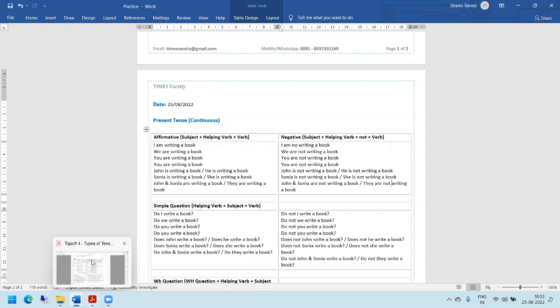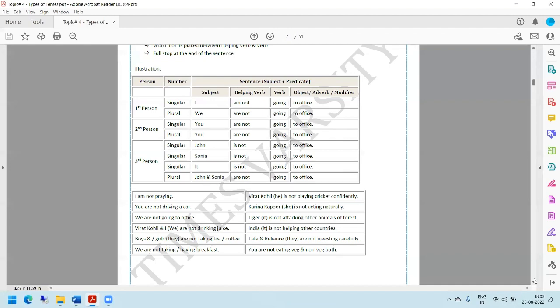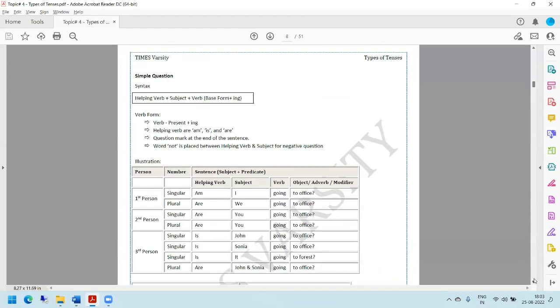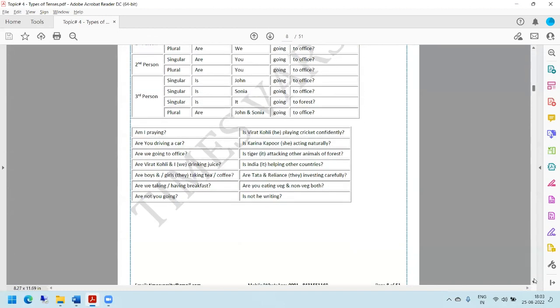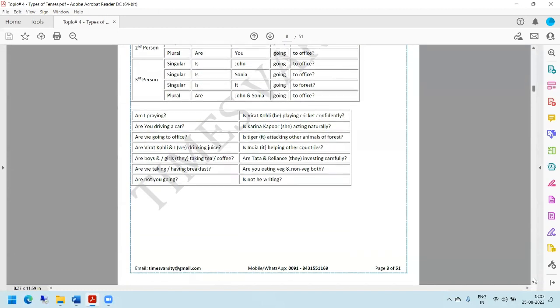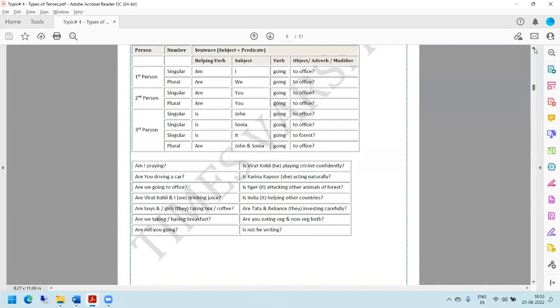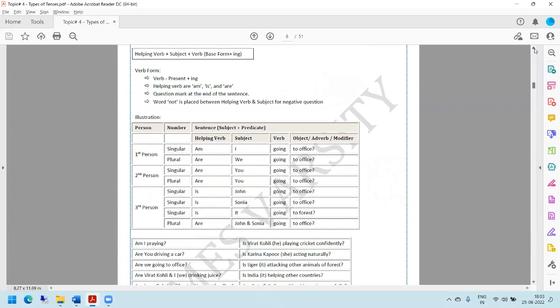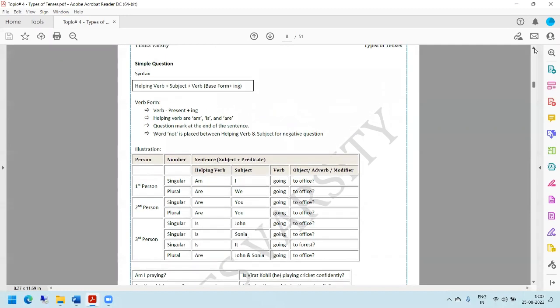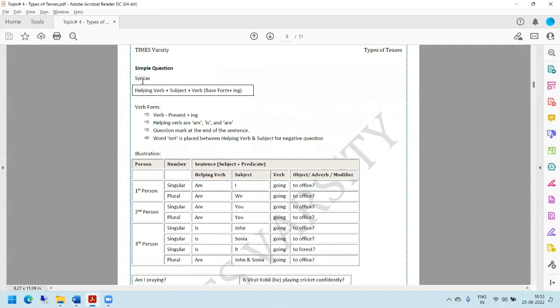Now let's discuss present continuous. First of all, simple questions. How do we make simple question sentences?